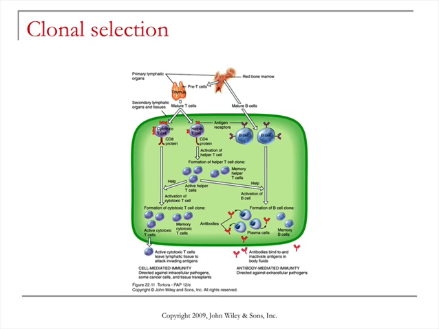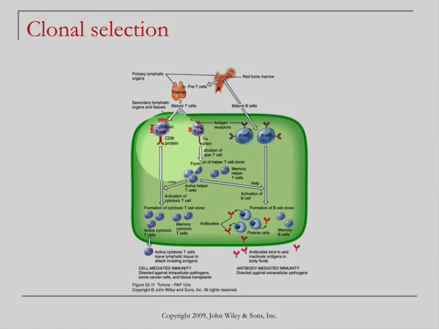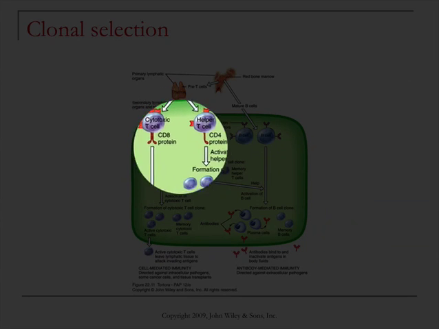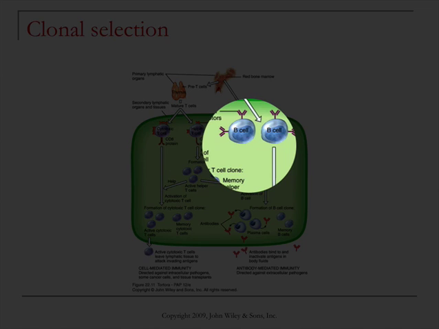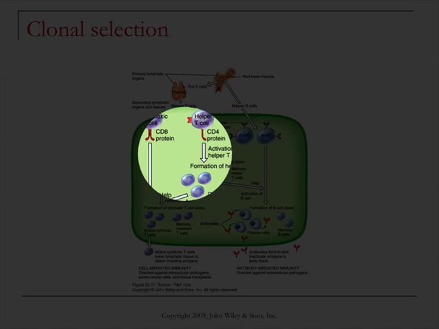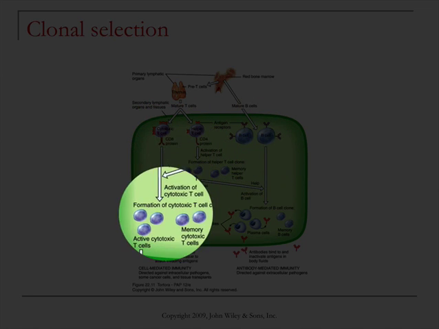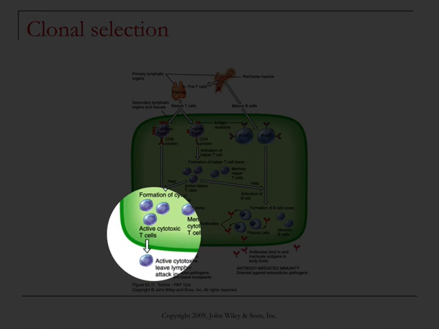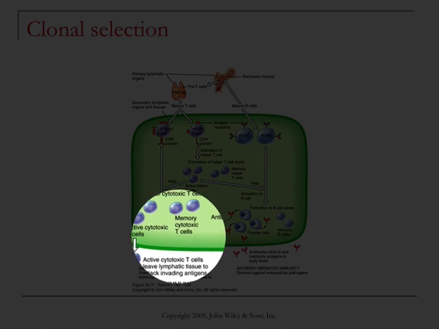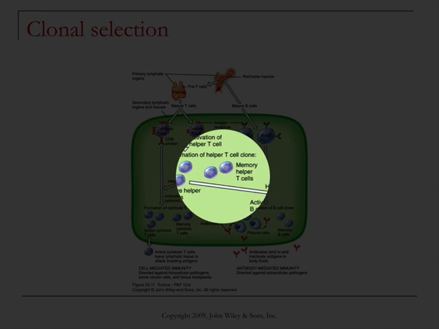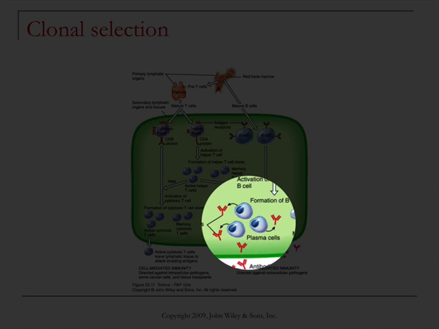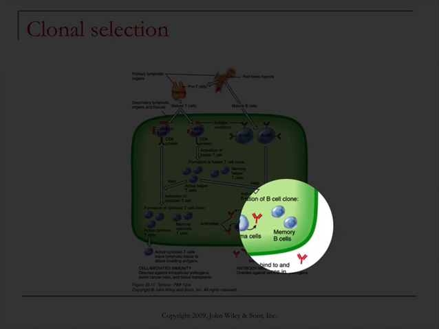Here we can see a picture that illustrates again clonal selection. As you can see, whenever a cytotoxic T cell, helper T cell, and B cell are activated, that is, when they're exposed to a particular antigen, they will divide over and over again and make active cytotoxic T cells and memory cytotoxic T cells. There will be active helper T cells, memory helper T cells, and plasma cells and memory B cells.